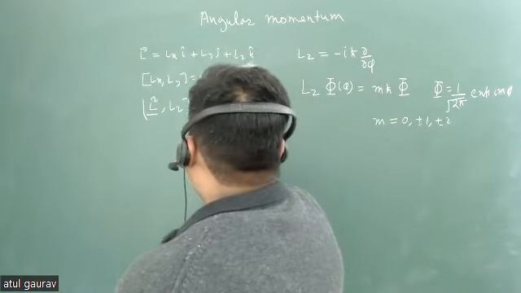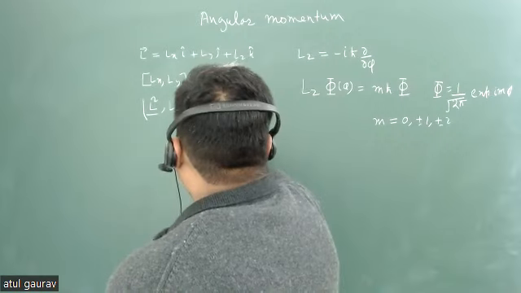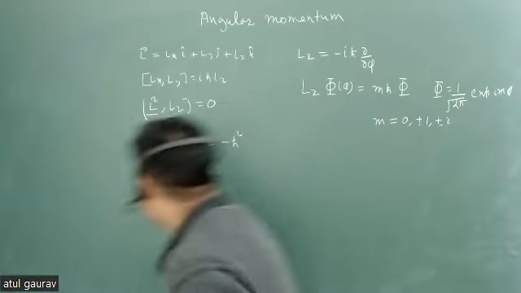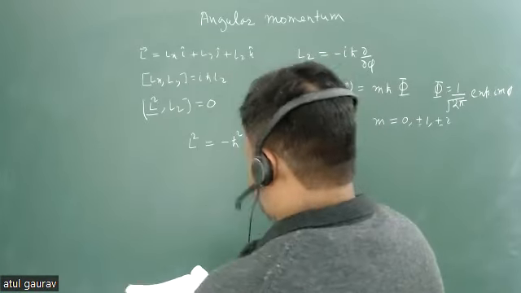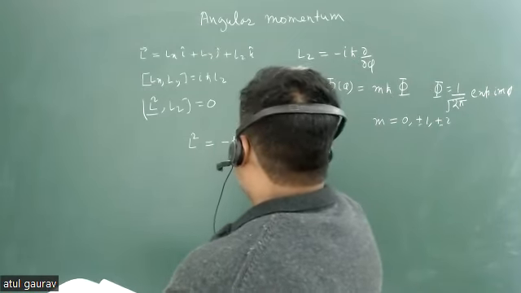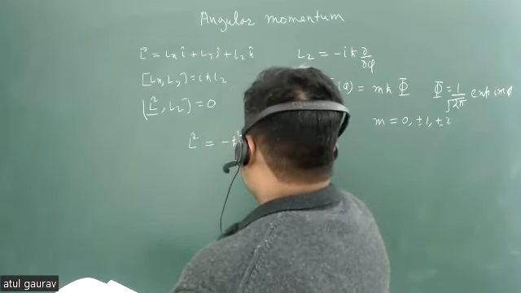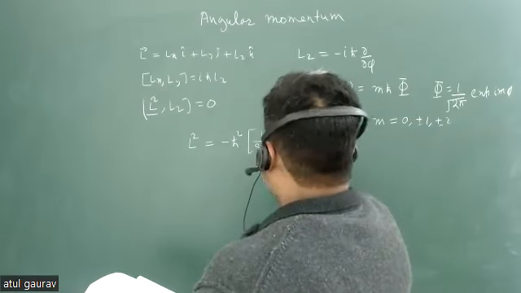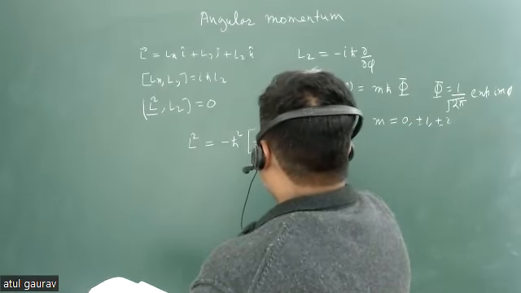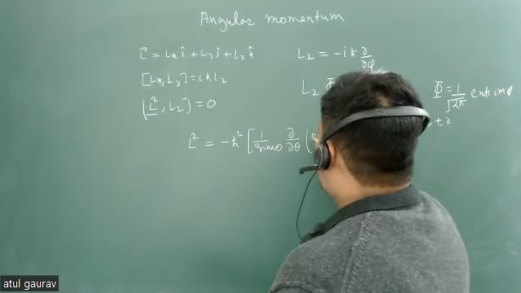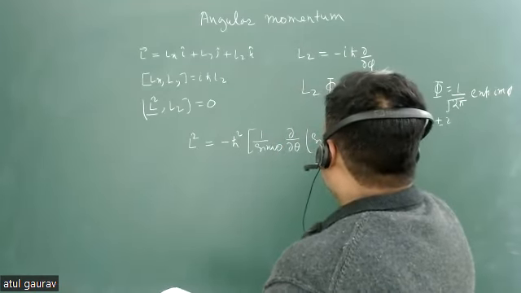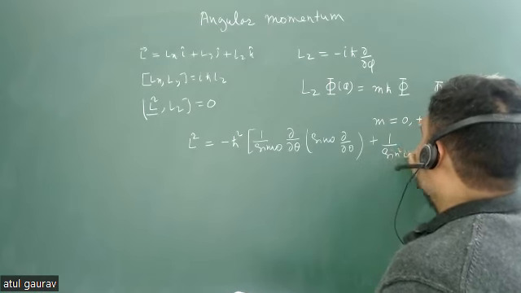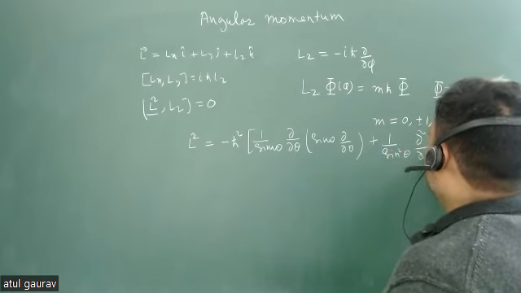L square operator is nothing but minus h cut square, and you can just see this particular operator and identify from your mathematics which type of operator it is. So del upon del theta, sine theta, del upon del theta, plus 1 upon sine square theta, del square upon del phi square.